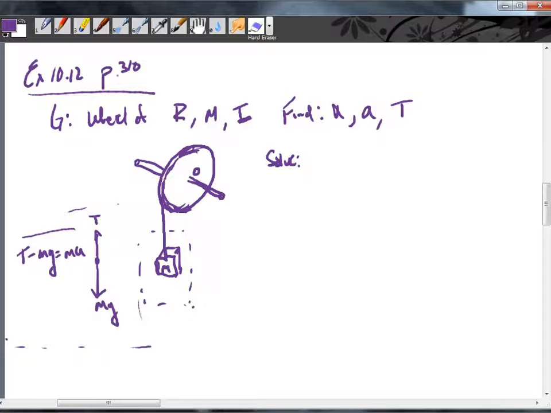All right. Now, we also have a torque on this wheel here. So, we know that the sum of our torques equals I alpha. But what is the torque acting on this thing? What's the only force acting on it? Let me change colors here to better illustrate.